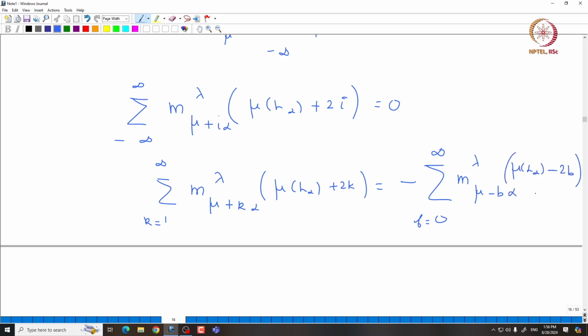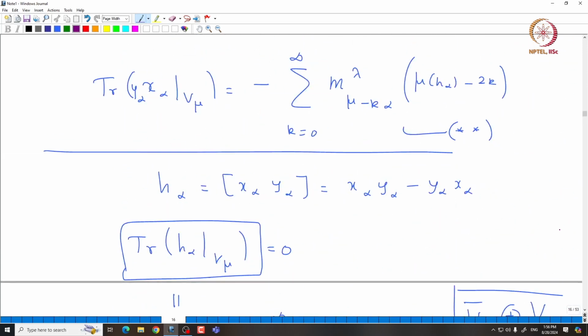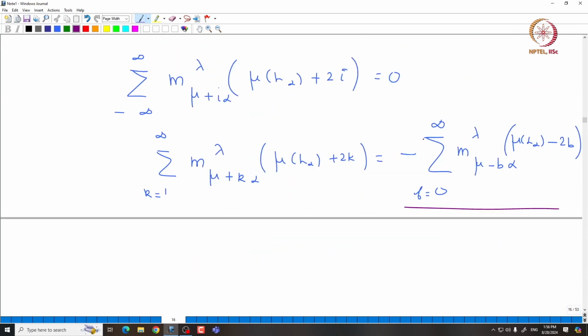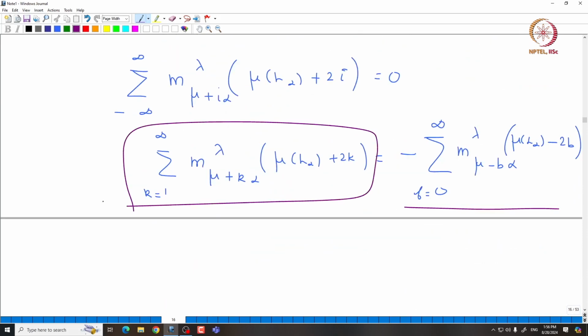That is what you get. Now, this is the term that you are actually getting here in this double star. So, you can replace the double star by this term, which is exactly what we wanted in the first place.